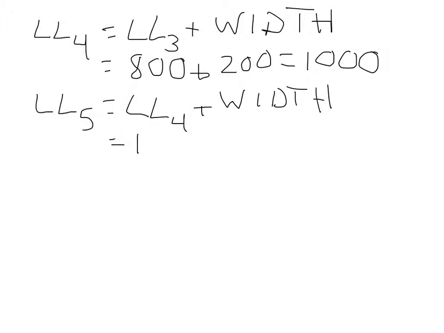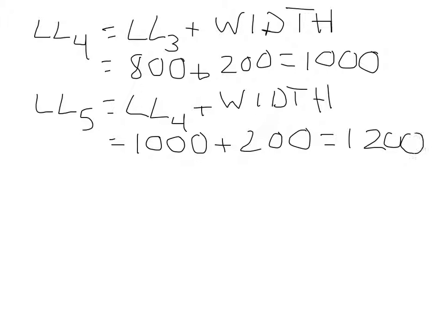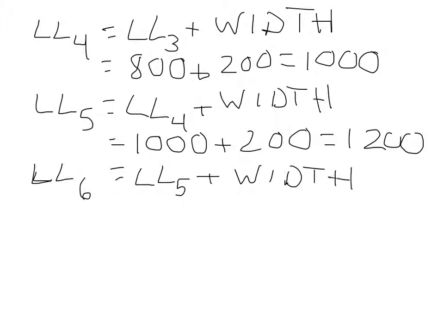And that's going to be 1,000 plus 200 or 1,200. All right, lower limit 6 is equal to lower limit 5 plus the width. So that's going to be 1,200 plus 200 equals 1,400.